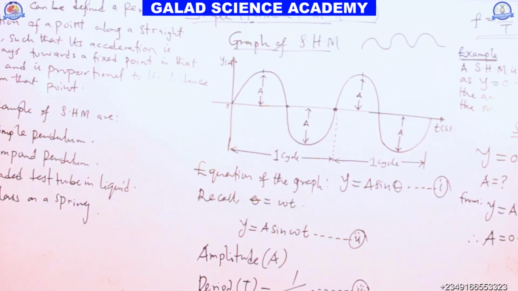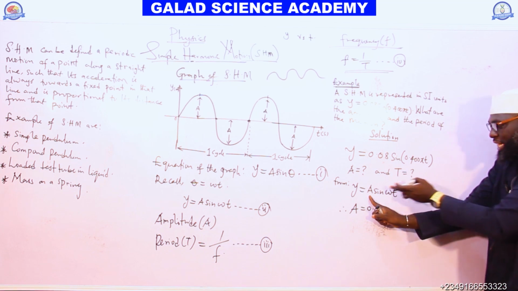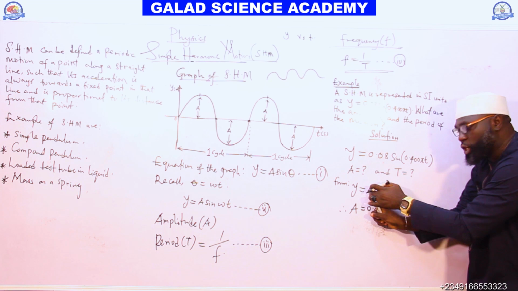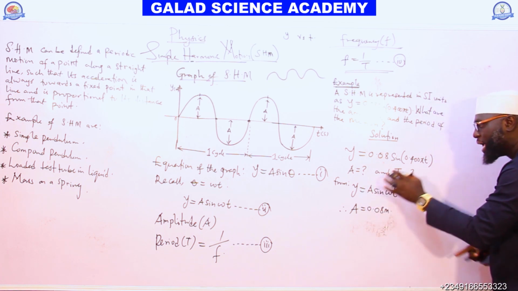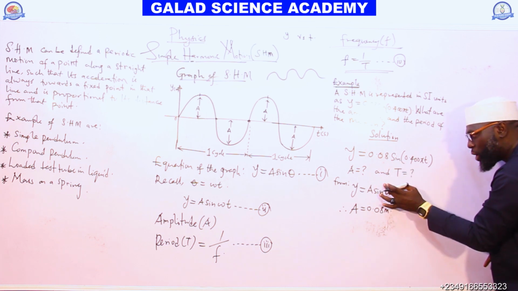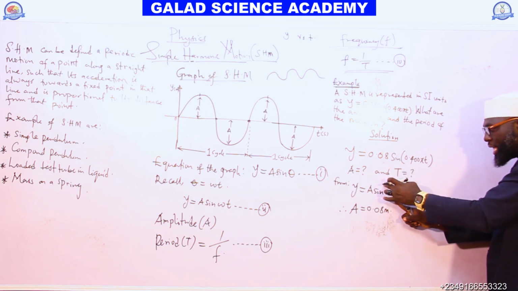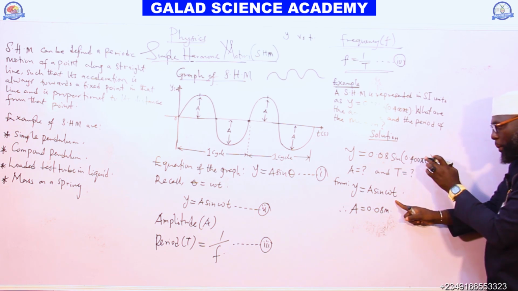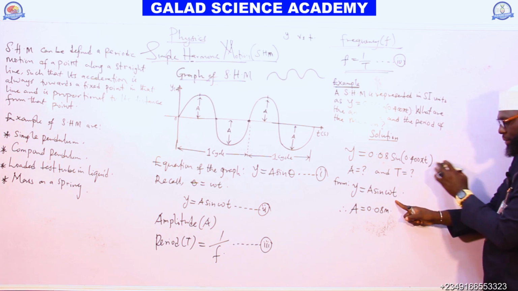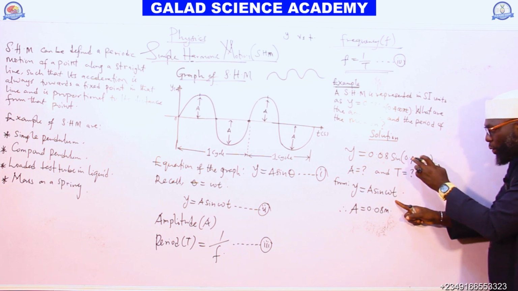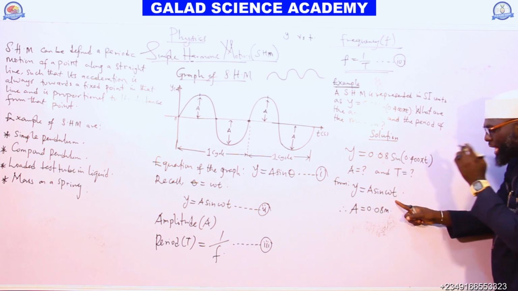Just compare the two equations together. We have y, this is y, this is equal. We have amplitude A at the back of sine, and what is at the back of sine here is 0.08. This is your amplitude. The next thing we have, after sine, is omega t. What do we have there? It is 0.400 pi t.